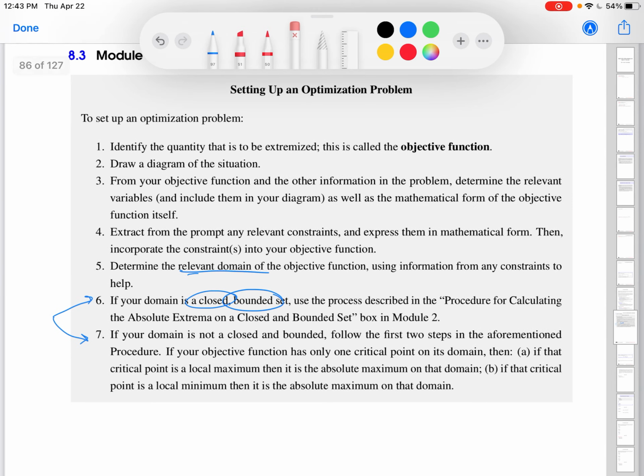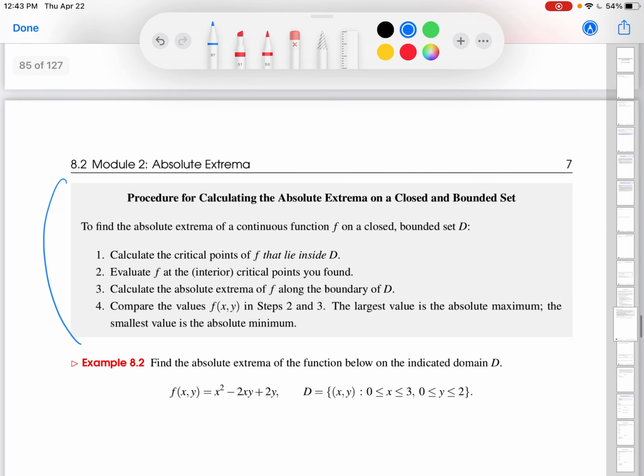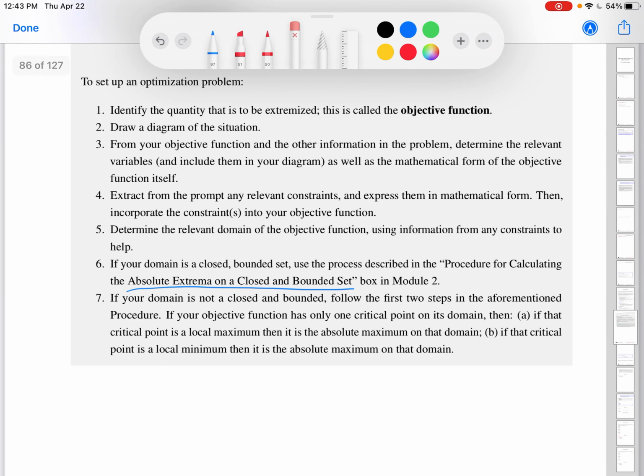So in the simplest case, you'll be dealing with a domain which is closed and bounded, and then you can go off and follow the procedure that we followed in the previous video, for example, when we worked out this example. It may happen, though, as it happened in Calculus 1, that the domain you're trying to optimize over is not closed or not bounded, or both.